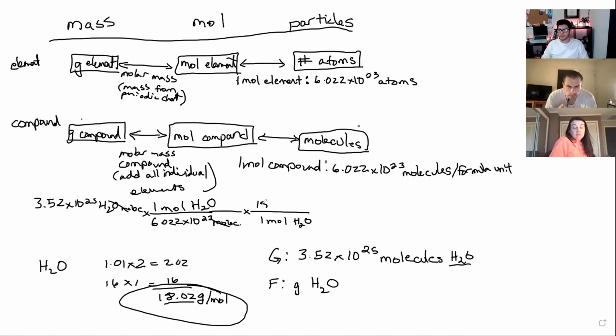It weighs 18 or 18.02 grams of H2O. That will allow me to cancel out my moles. So you're going to take your big number and you're going to divide it by a big number, and then you're going to multiply it by 18. And I'm just going to run my calculation one more time just to make sure I got that right.